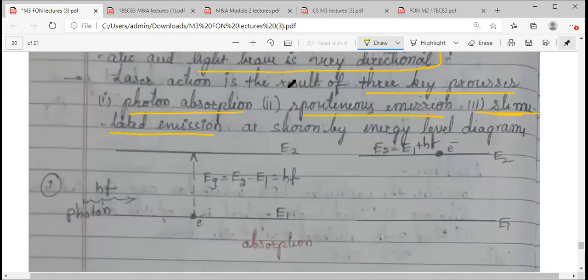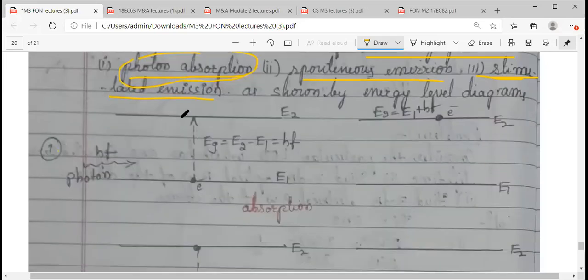I have given diagrams for these three processes, energy level diagrams. First one is photon absorption. This first diagram depicts absorption. You can observe we have got two levels: this is the lower energy level, and this is the higher energy level. In your textbooks, the lower energy level is regarded as the ground state, and the higher energy level, E2, is regarded as the excited state.